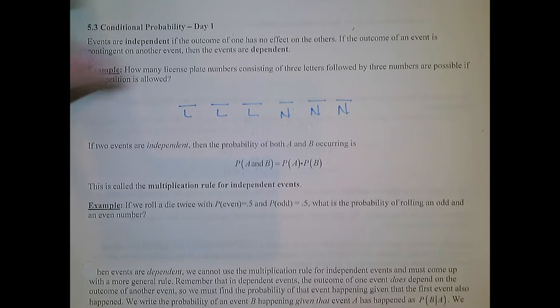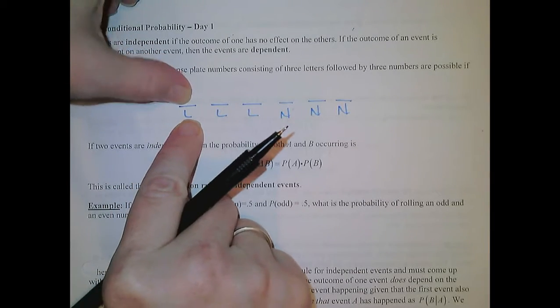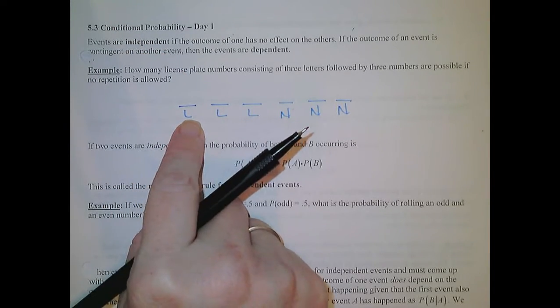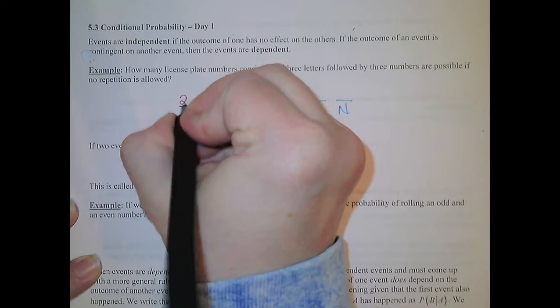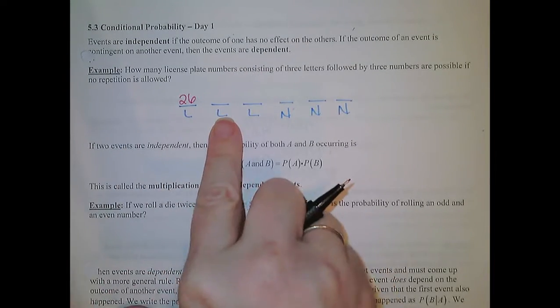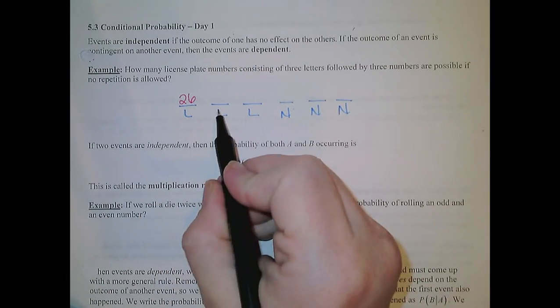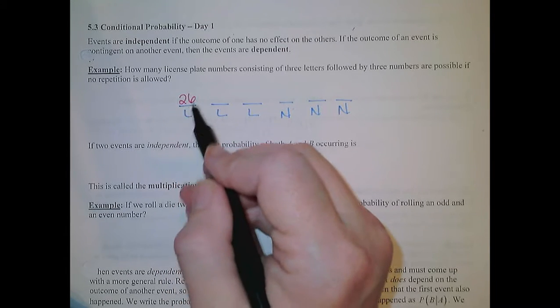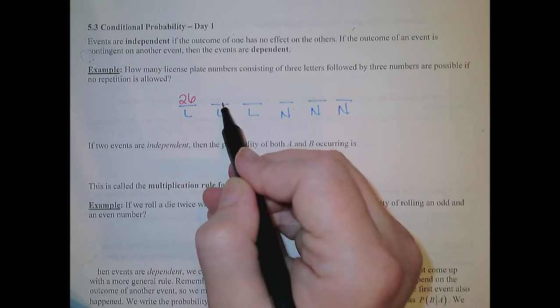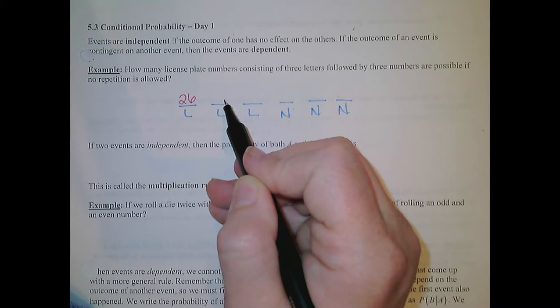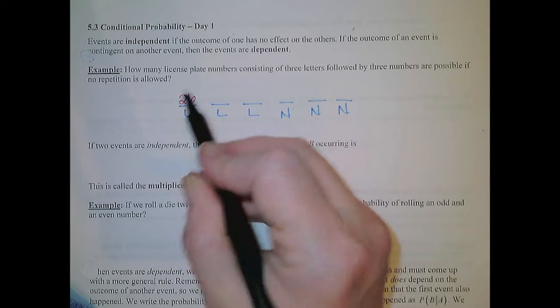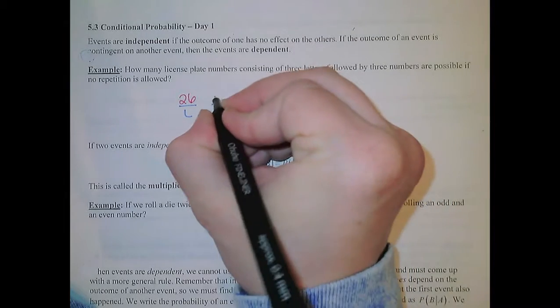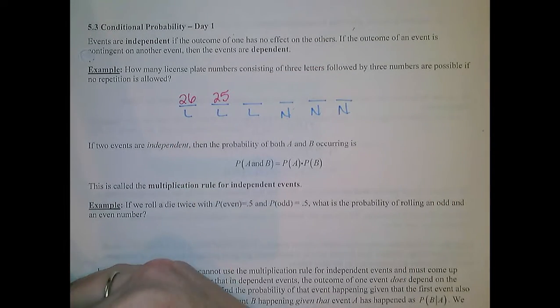So if we're looking at our first digit, we have 26 different options for letters. But what letters we can select for our second are dependent on what we selected for our first. If we got the letter B for the first, then this one could be any letter other than B. So in other words, dependent on what we got for our first letter, now there are 25 options for the second letter.